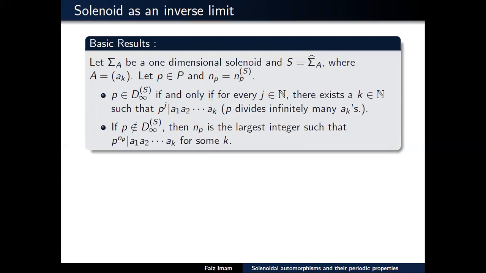So P belongs to D infinity S if and only if for every J in the natural numbers there exists a K in the natural numbers such that P to the power J divides an initial product of terms from the sequence of the solenoid. In other words, P divides infinitely many of them.